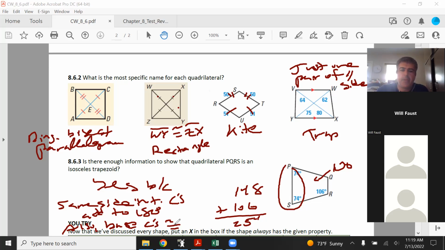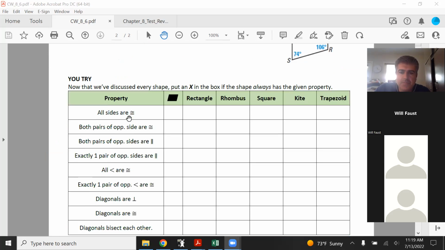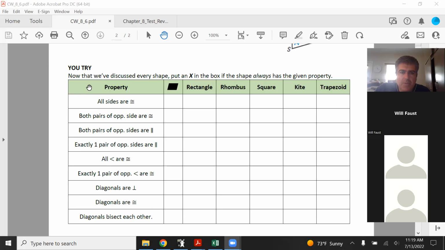Okay. So then let's look at the table down below. So now we discuss every shape. Put an X in the box if the shape always has a given property. This is parallelogram, by the way. So let me do it for a parallelogram, then let you guys try the other ones.